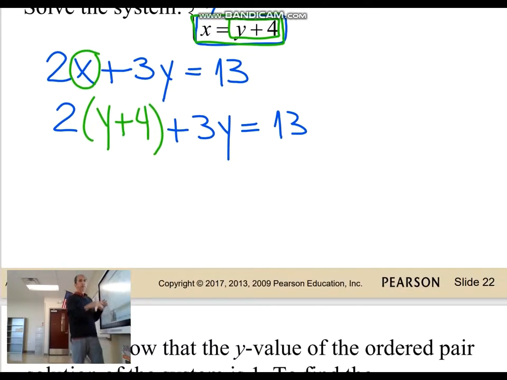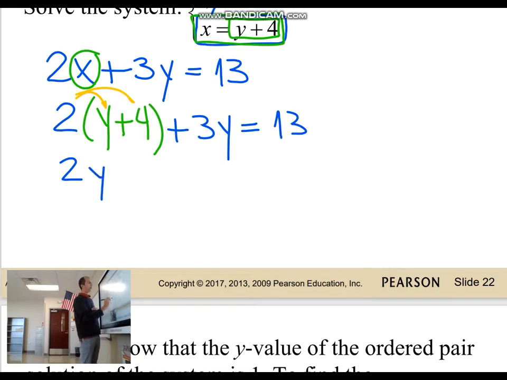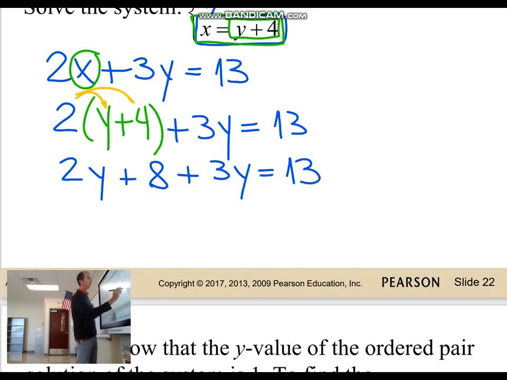The next steps are just simplification. You apply addition property, multiplication property. The first thing to do is apply distributive property here and solve for y. 2y plus 8 plus 3y equals 13.